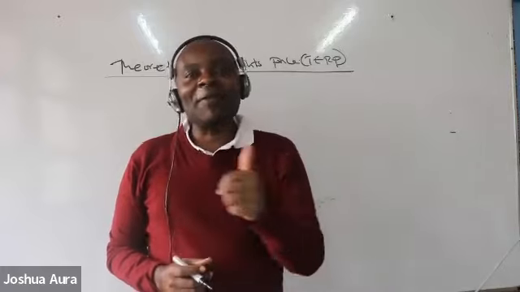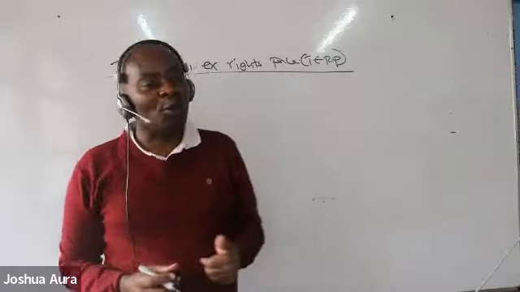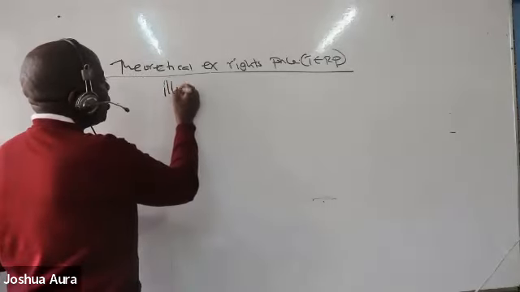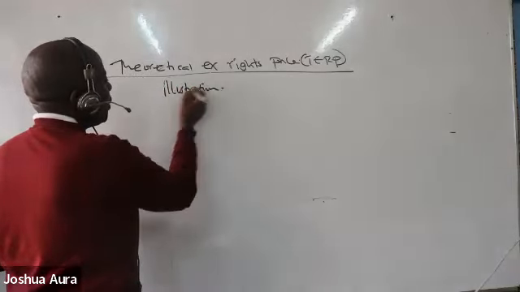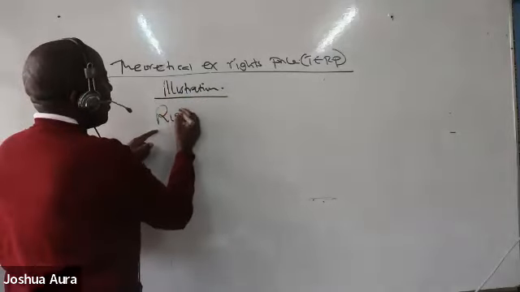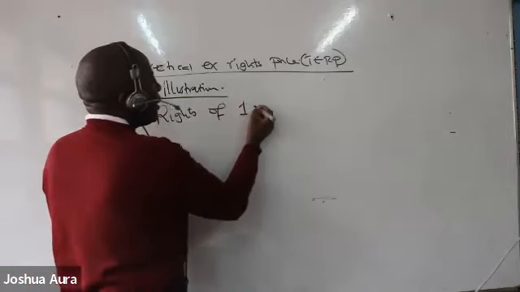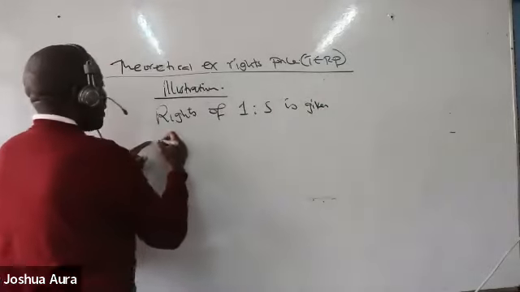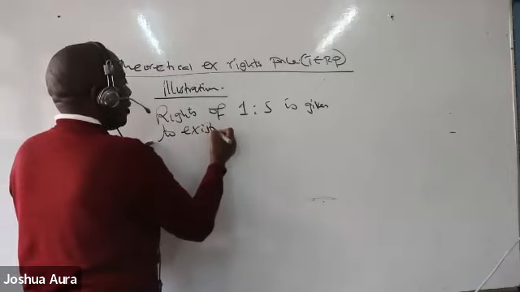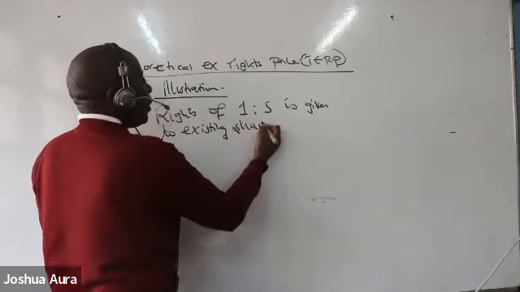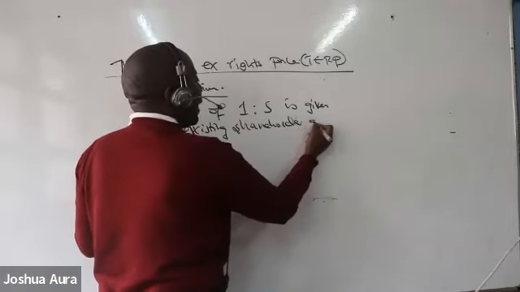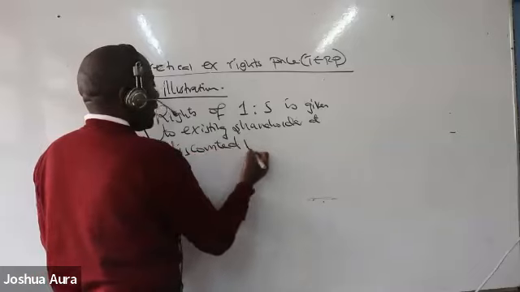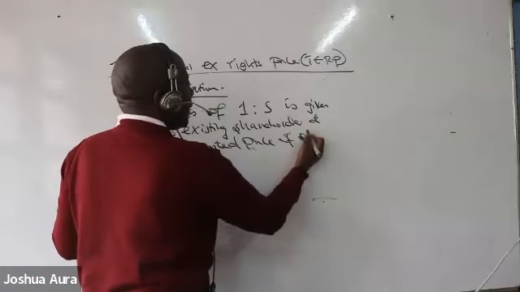So then, ladies and gentlemen, if you allow me, I'll shoot a question right to you here. I would want to have a scenario, this illustration, where a rights of 1:5 is given to existing shareholders at a discounted price of shillings 8.